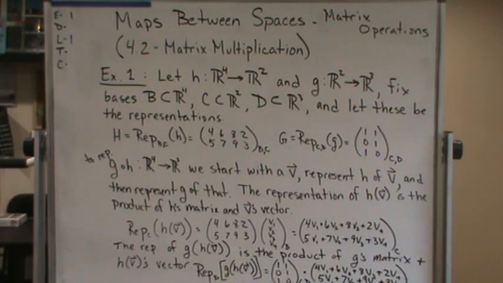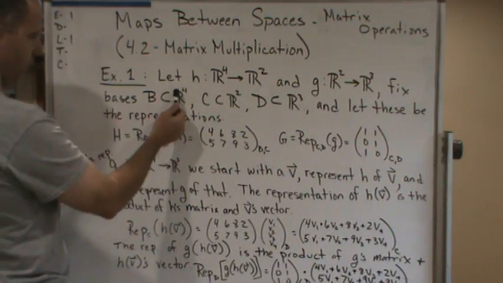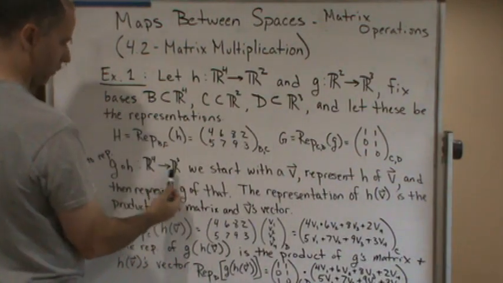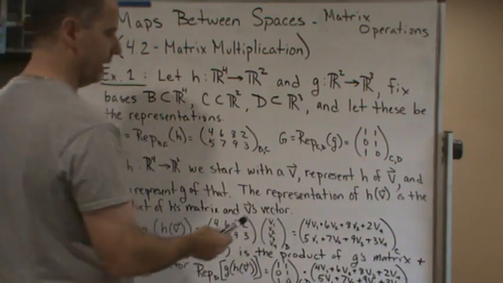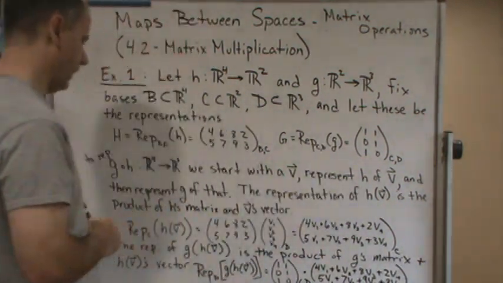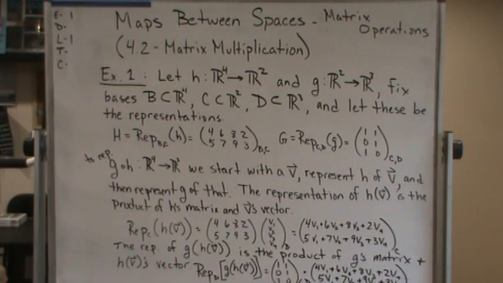Okay, now, to represent the composition of G and H, so going from 4, right, to 3. So we're going to go 4 to 3. We start with a vector V, and then we're going to represent H of V, and then we're going to represent G of that. So now the representation of H of V, first of all, we have V, right?